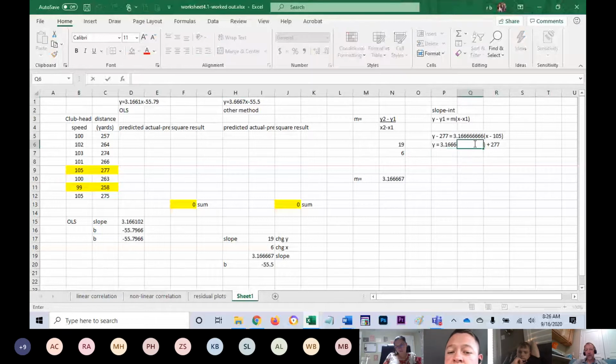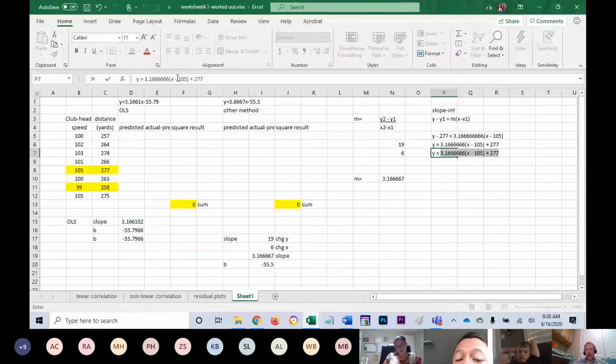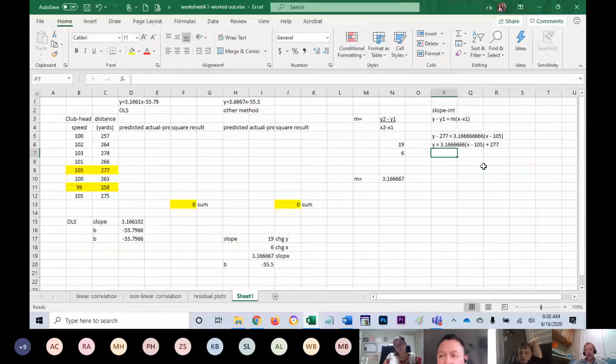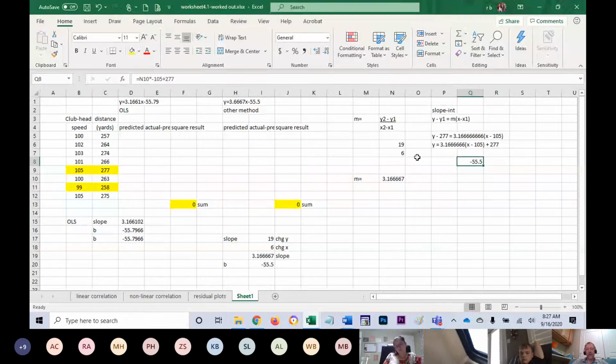Except I put a plus there, that was supposed to be a minus. Okay, so if I want to simplify that further, I'm going to get y equals 3.16666x minus, and actually let me do it this way. If I take this times negative 105, and if I add 277, that's going to give me negative 55.5. So that's how I got this other equation.